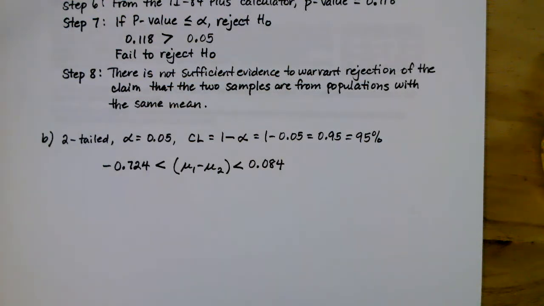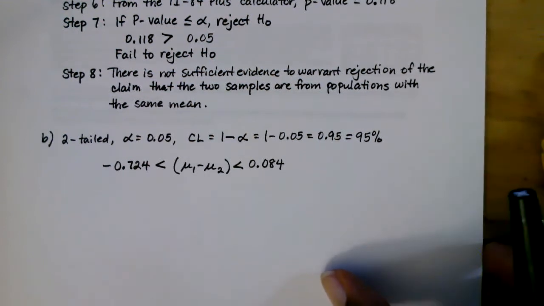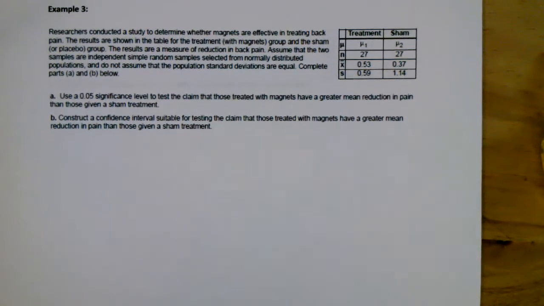All right, let's look at example 3. And that's this. Researchers conduct a study to determine whether magnets are effective in treating back pain. The results are shown in the table for the treatment with magnets groups and the sham treatment or placebo group.